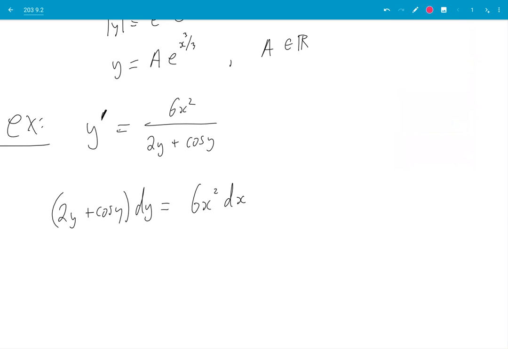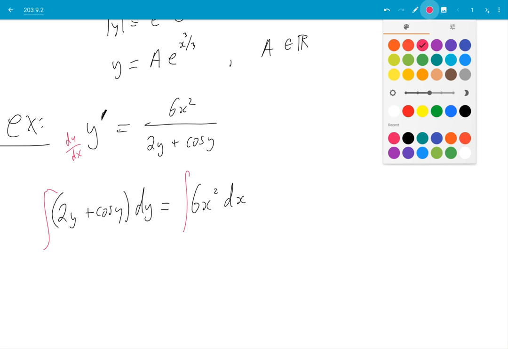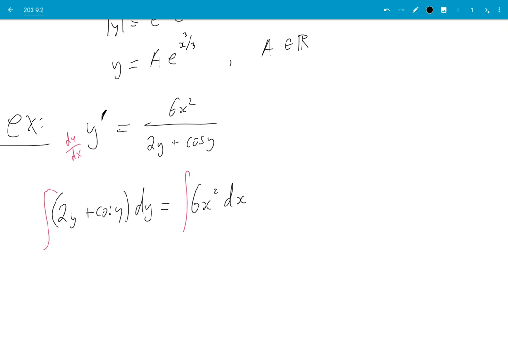Okay, remembering that y prime is dy dx. And you integrate both sides. y squared plus sine y is equal to 2x cubed plus constant.